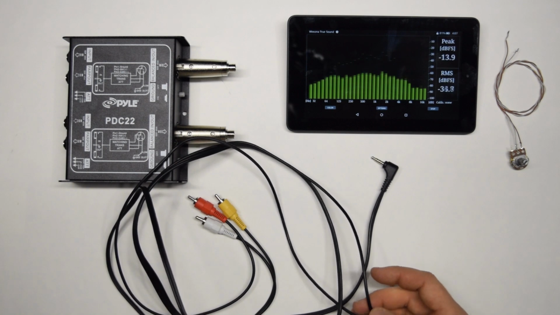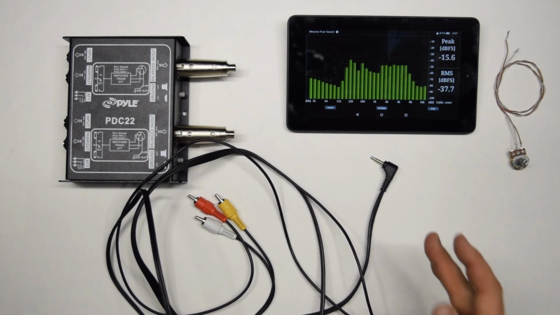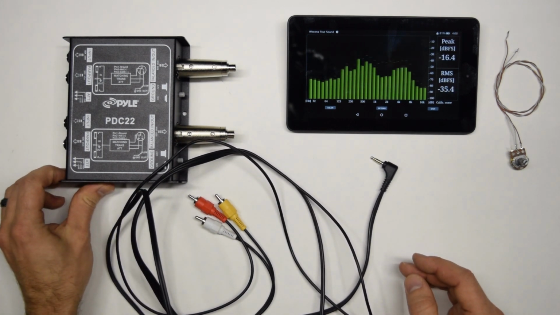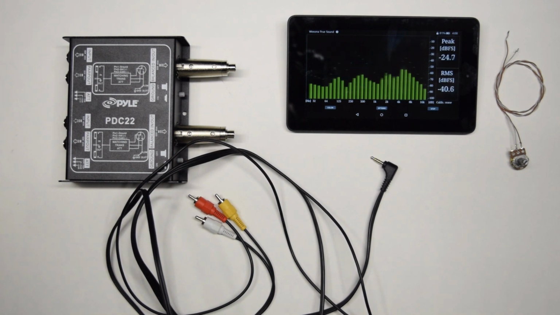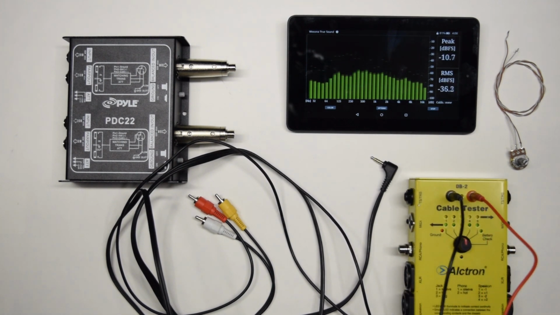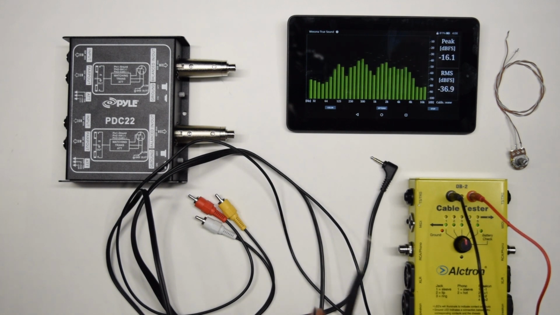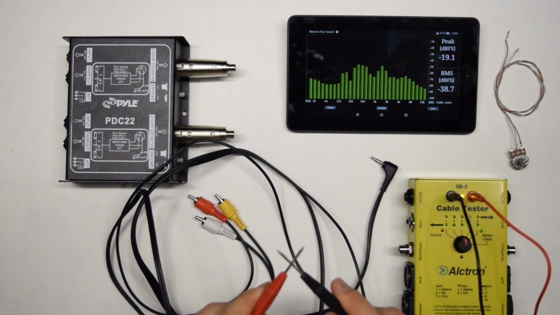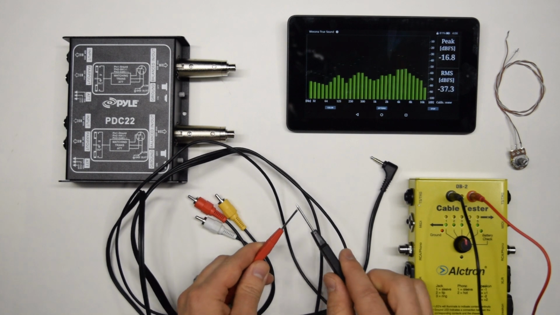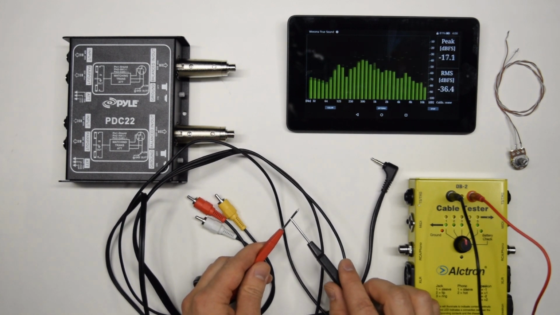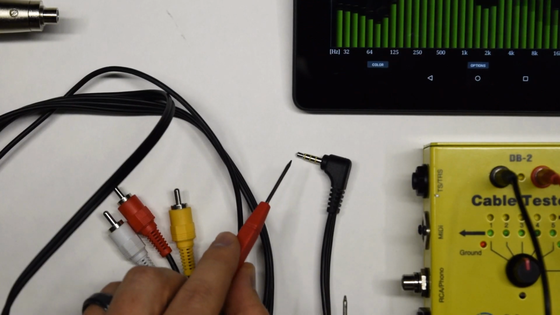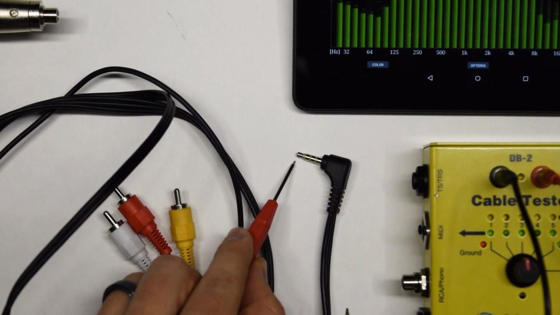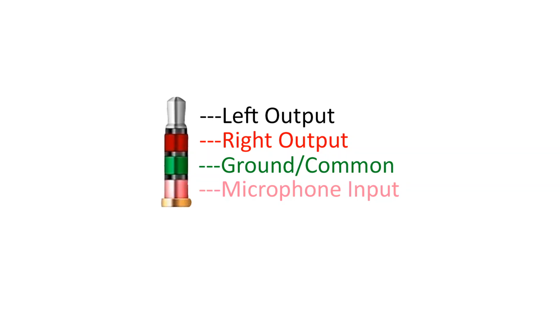It doesn't change anything. But what you're going to have to do is, and I told you there's some variations to this, and that's because some of these cables are hooked up a little differently. So if I take my tester out here, and this is just a continuity tester, it just tests if there is a straight signal through whatever it is. On a typical TRS, this is the left speaker output.